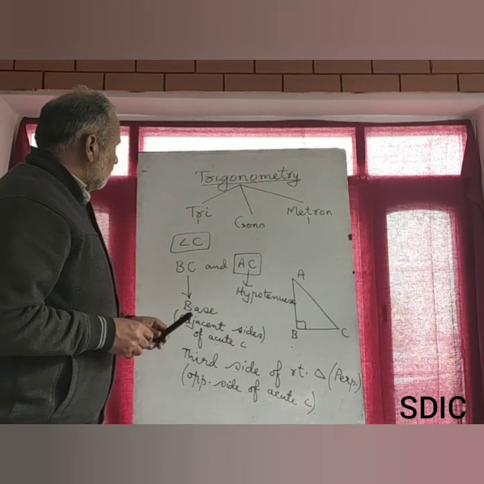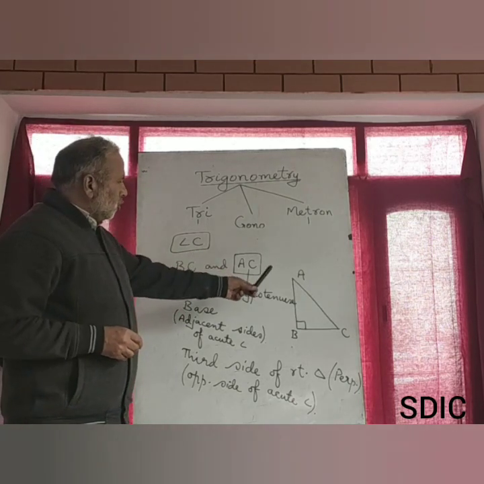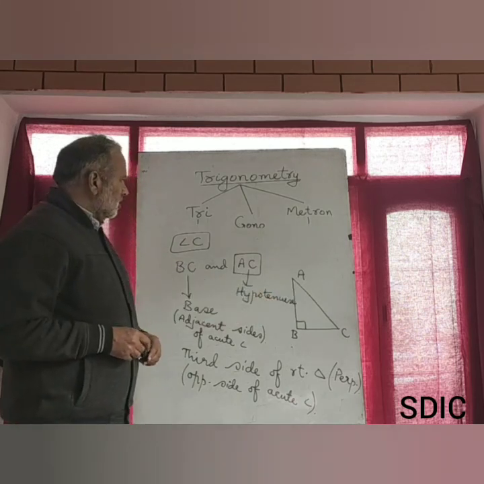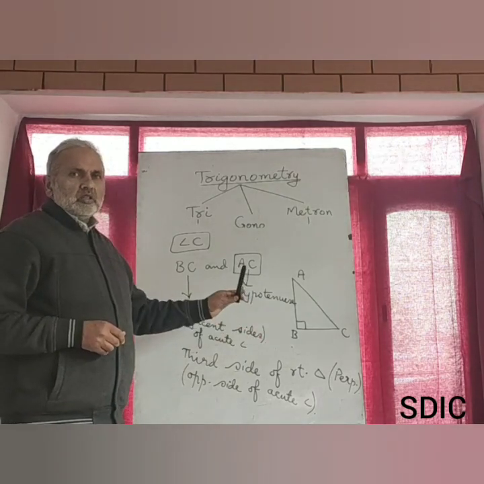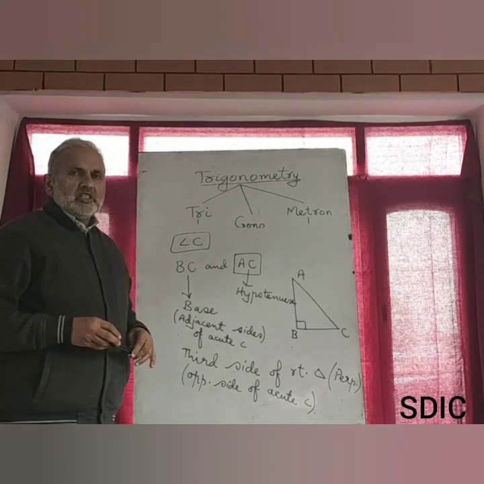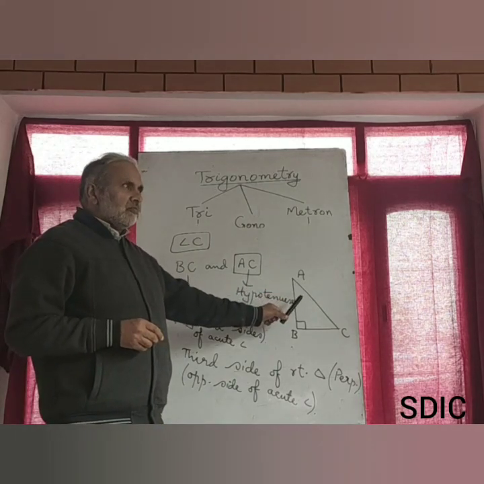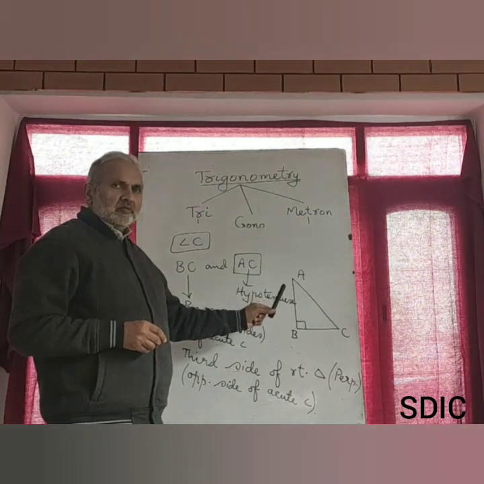Now, if instead of angle C, we choose angle A as the acute angle, then the base and perpendicular in this right triangle will change. The hypotenuse will not change here because there is only one right angle.